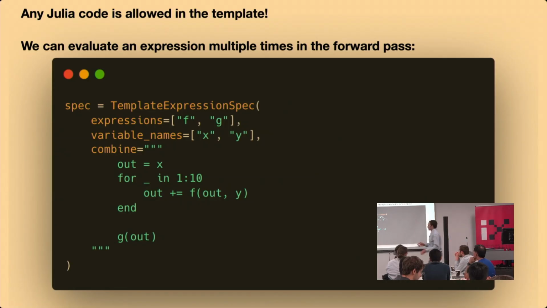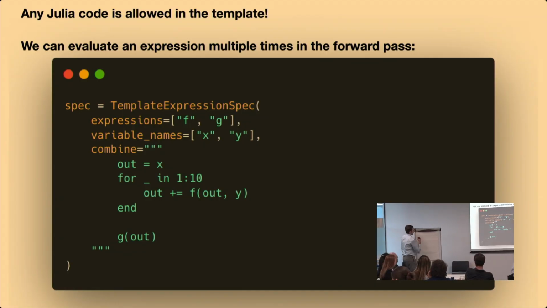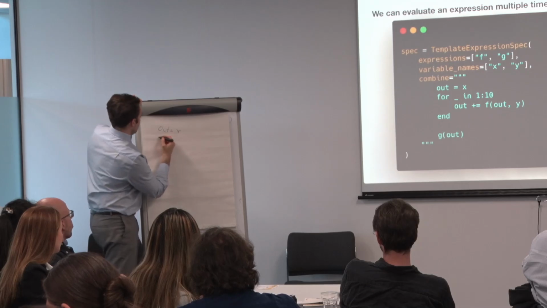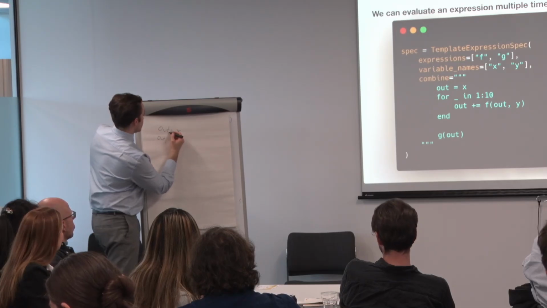I don't know, maybe I could write this. Let me see. Here's one. Okay. So this looks like, I have out equals x, and then I'm doing out i. So maybe this is out 0.